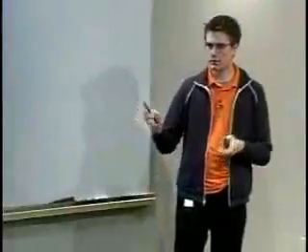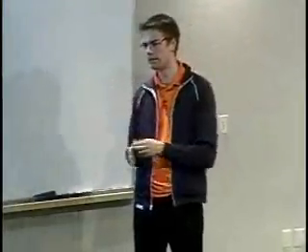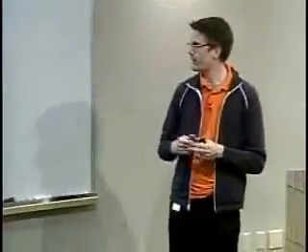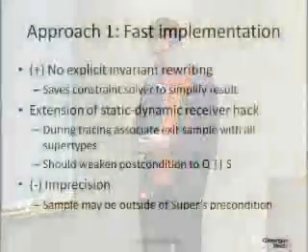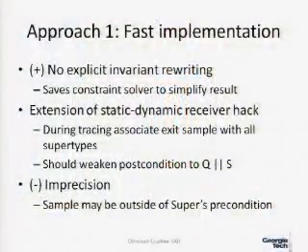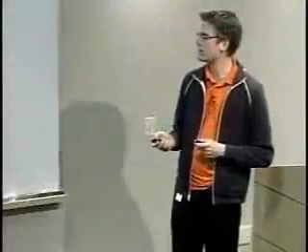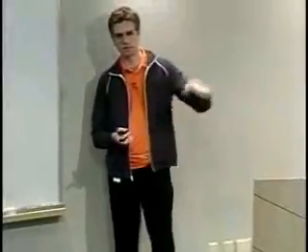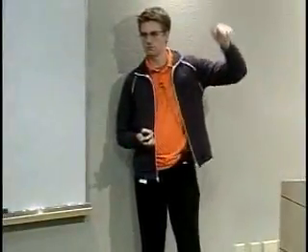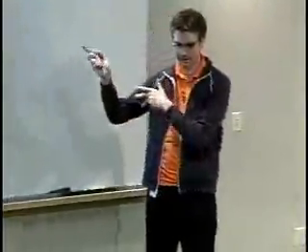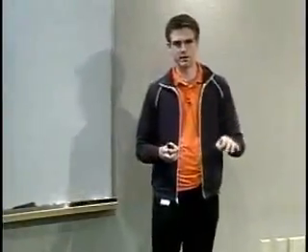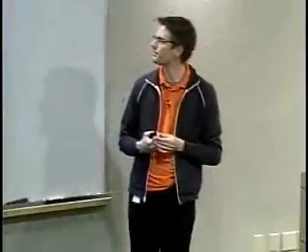Okay, and so one way to implement that would be to explicitly rewrite all those postconditions after the fact. And there might also be other rewriting schemes to get a little bit more precise here. But we think we have a faster approach, which is basically an extension of what I showed you before. So instead of just going up to the static receiver, we go beyond the static receiver in the inheritance hierarchy. In the fast and imprecise solution, we basically just associate the method call sample with all of the super definitions.